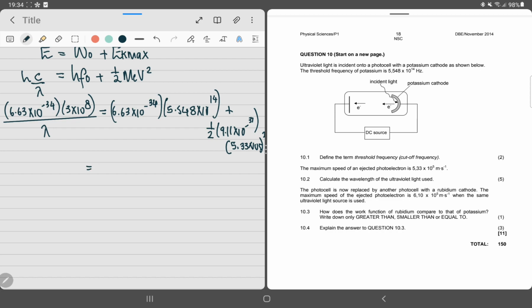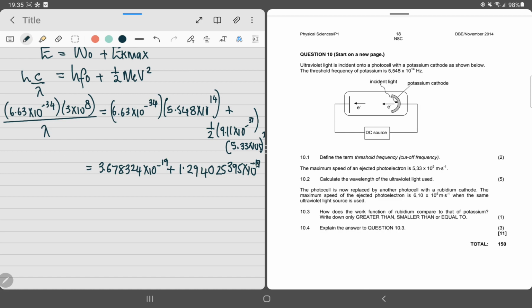So I am getting 3.67824 times 10 negative 19 plus 5.33 times 10 exponent of 5 squared, times 10 negative 19. So that's negative 19.